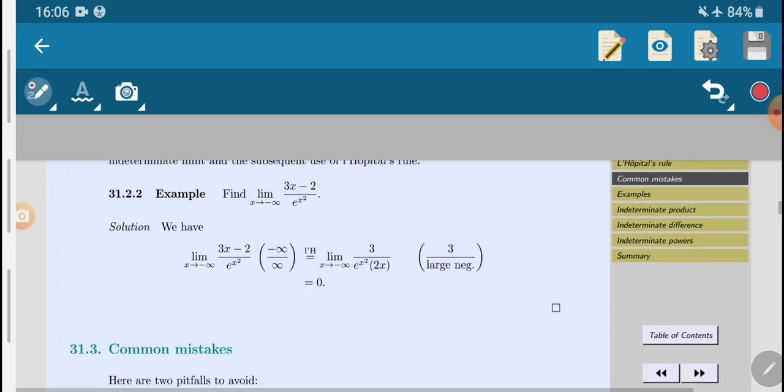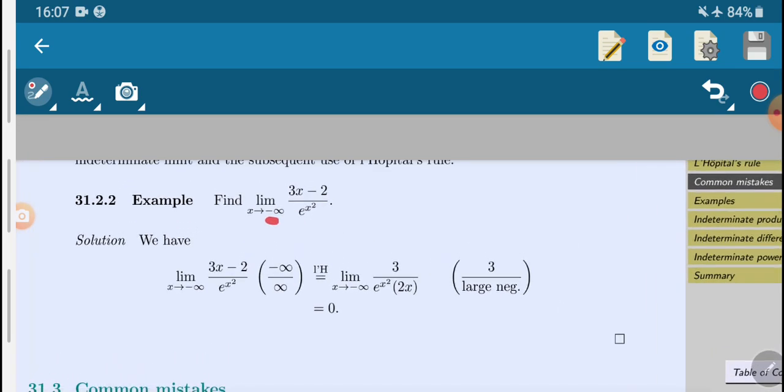Okay, another problem. Can we determine the limit as x approaches negative infinity of 3x minus 2 over e to the power x squared? Yes, we can. Replace x by negative infinity. 3x minus 2 becomes negative infinity.